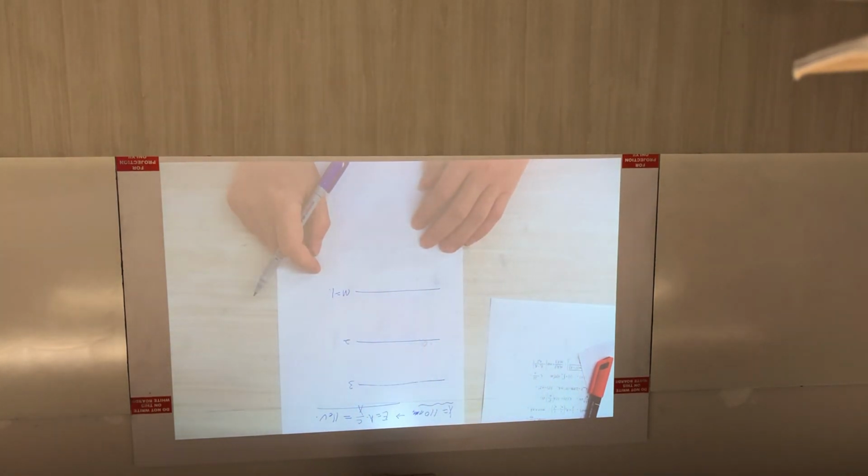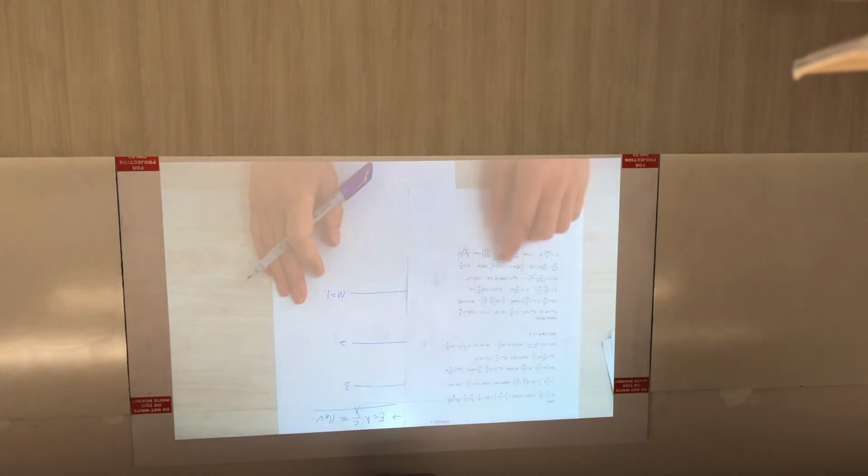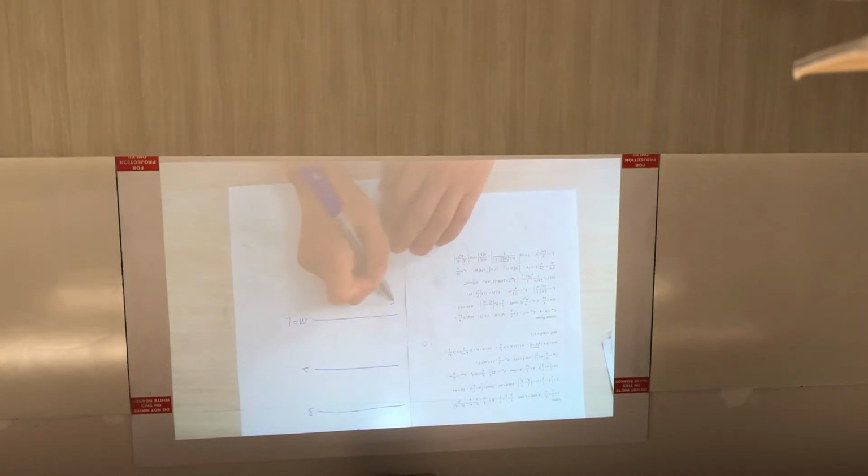To calculate this, we use the energy for the hydrogen atom, E_n equals minus 13.6 electron volt over n squared.